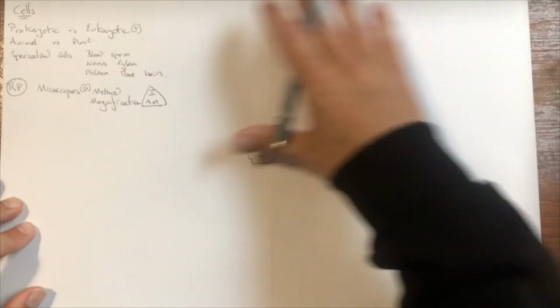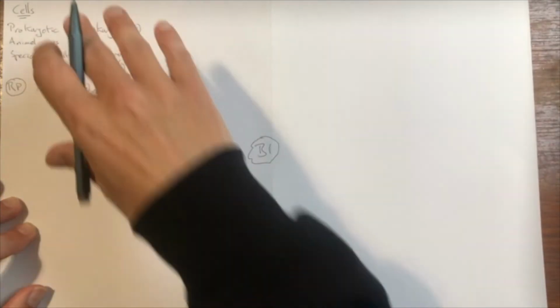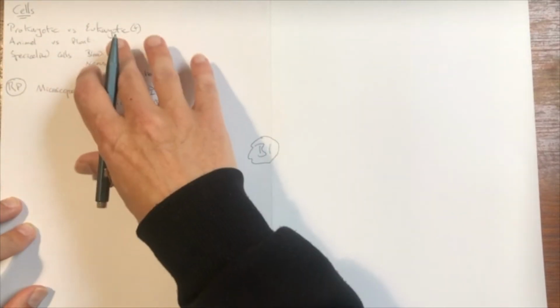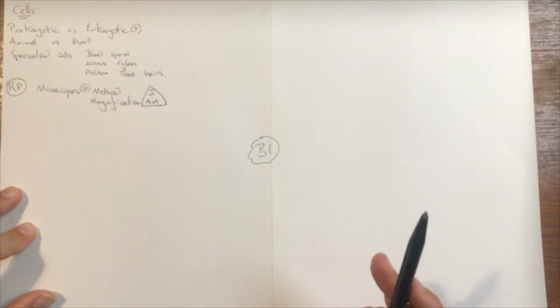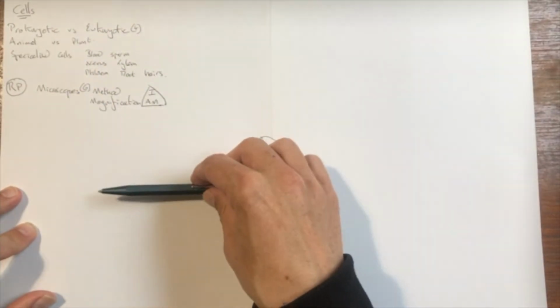Now, before I talk about any more of the other topics, if I was going to revise cells, from this, having put it on here, I start to think about what I need to do. So I'm going to need to get that B1 everything sheet, and I'm going to need to get the B1 prep schedule, and I'm going to need to make flashcards.